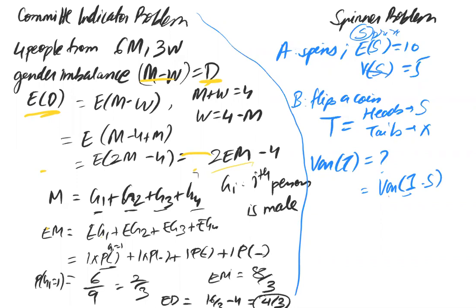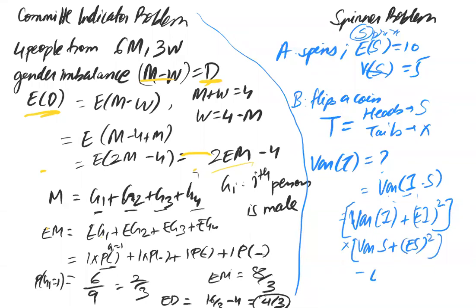So again, it's the variance of X times Y, which can be written as, if you remember this from one of the previous questions, variance of I plus the expected value of I squared, times variance of S plus the expected value of S squared, minus the expected value of I times the expected value of S, the whole squared.